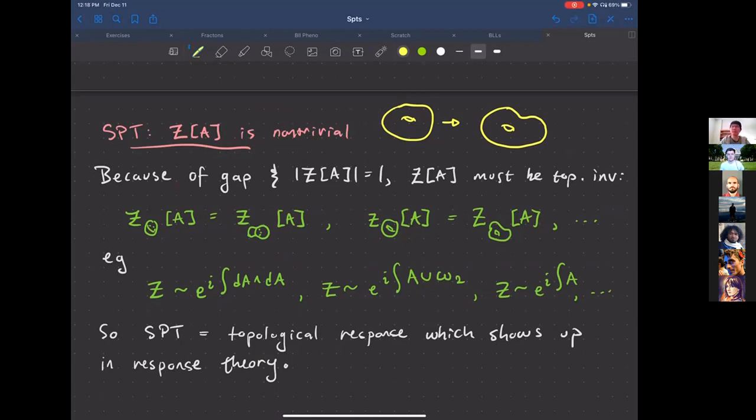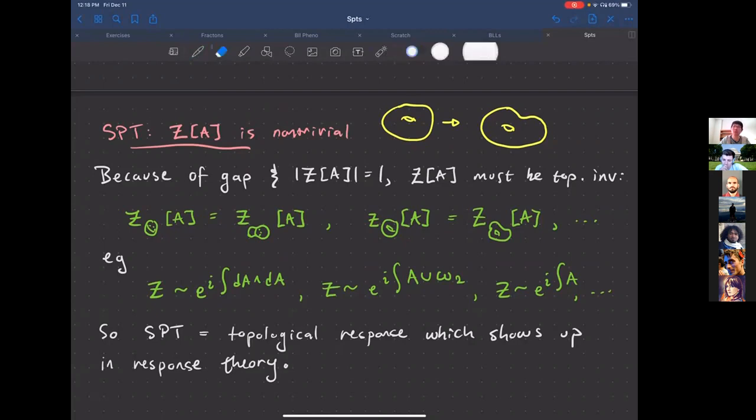But we don't really have any local degrees of freedom here in these systems, because if we had local degrees of freedom, then we wouldn't have a gap, right? So when I don't have any gap and I don't have any local degrees of freedom, my partition function can't possibly be sensitive to local details of the manifold I put it on.